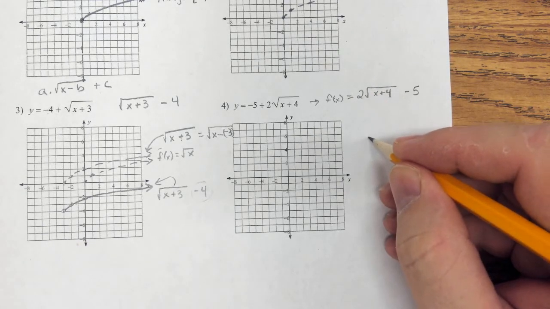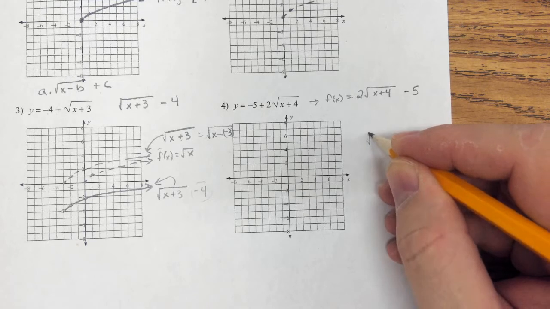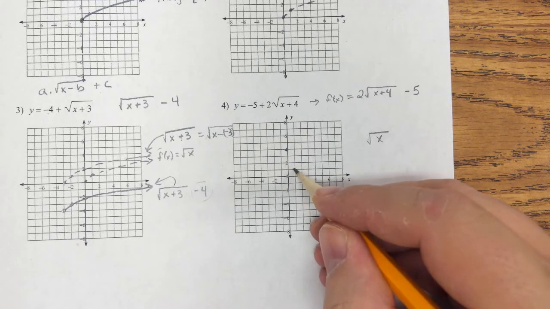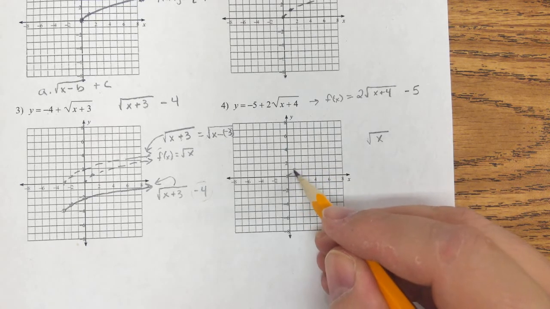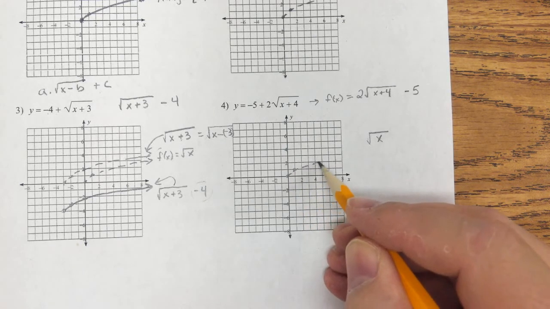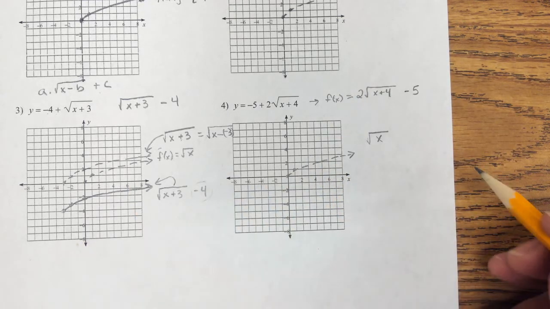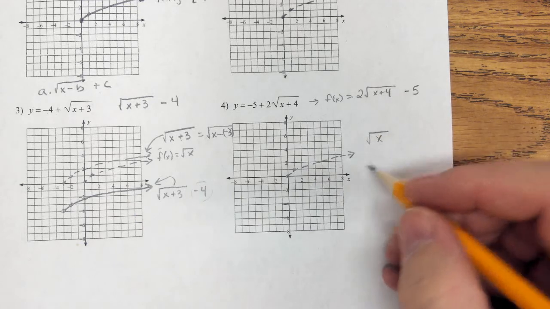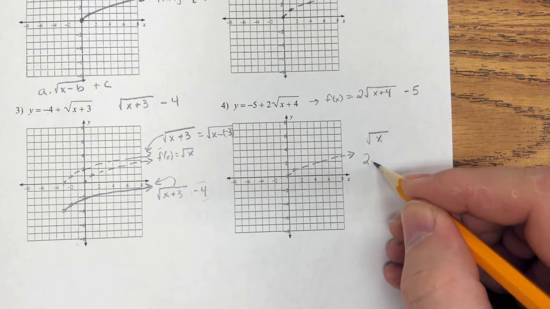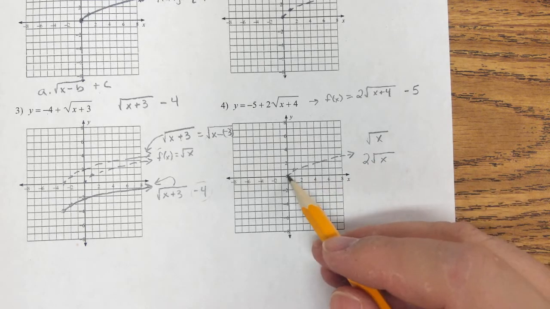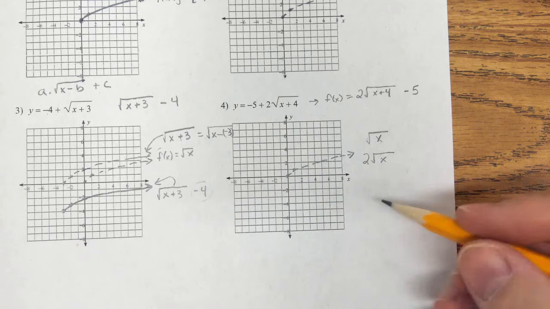Okay, so I'm going to graph, well, I guess I'll graph this function first, the parent function. Okay. So there's our familiar parent function. We put them in each one. Now I'm going to add the 2 to this. Okay. All this is doing is multiplying each piece of this by 2.